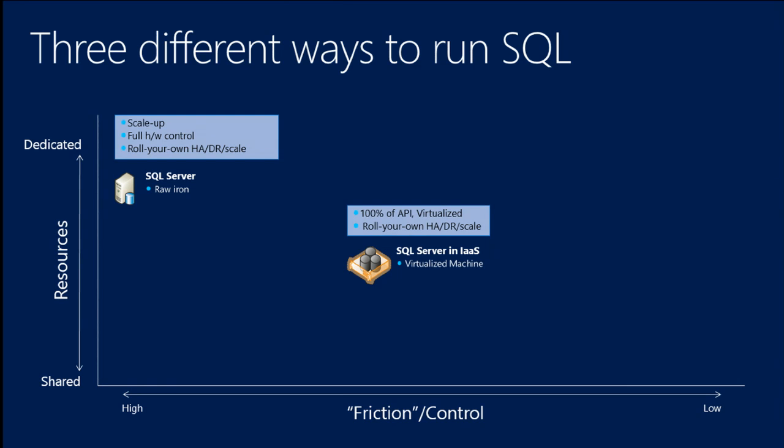The first step of abstraction is to go to SQL Server in a VM. There you still have the full API, so the SQL Server itself feels like the on-premise installation. The difference is that you don't have to manage the hardware anymore. So it's one layer of abstraction that you put in place there. You still have to set up your own high availability and disaster recovery, and you would still have to do the scaling, obviously.